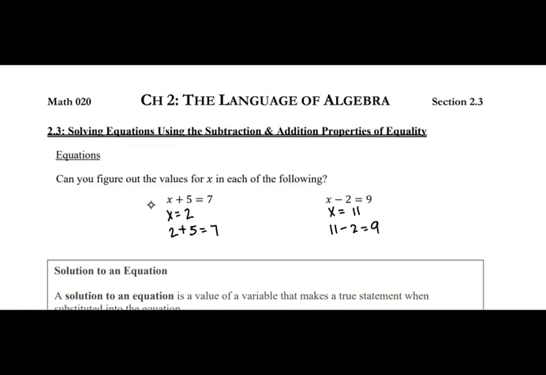So what we have seen here is that some of the equations are pretty intuitive, and you already know what the answer is because the numbers are small and easy to guess. But that's not always going to be the case.